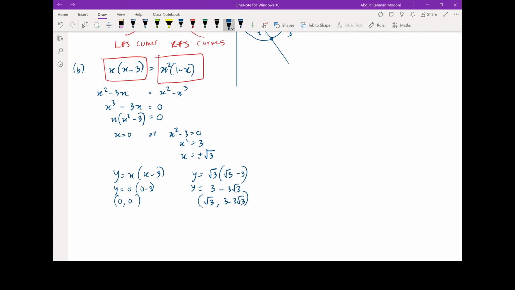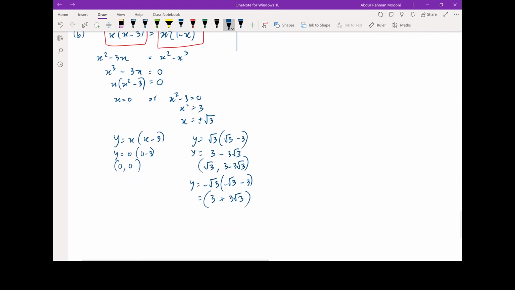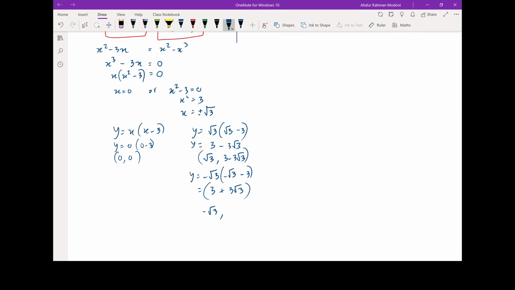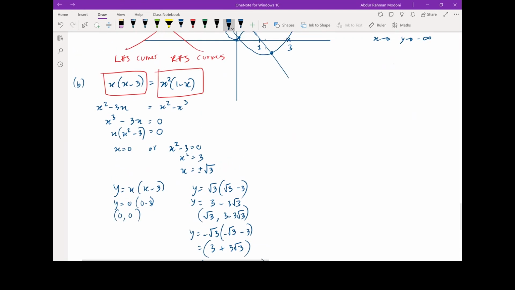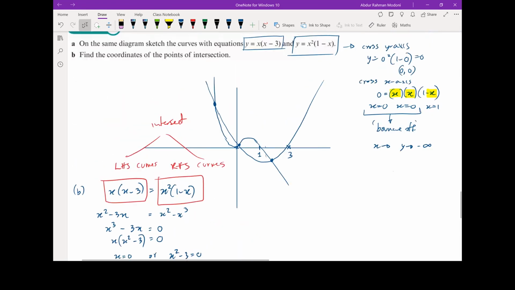And when x is equal to minus root 3, y is equal to minus root 3 bracket minus root 3 minus 3, and that gives us 3 plus 3 root 3. So the coordinate here is minus root 3, 3 plus 3 root 3, which would obviously be this one here.